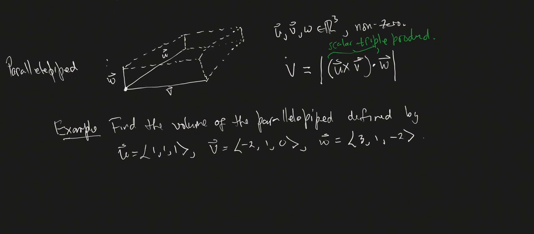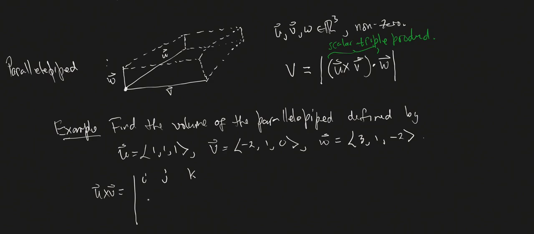Order of operations, you do what's in the parentheses first. So we're going to do our cross product first. U crossed V, I will set that up as my 3x3 determinant.